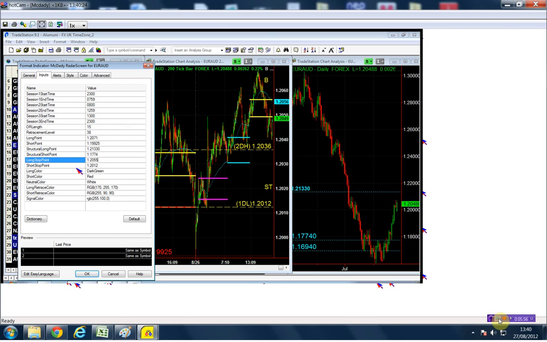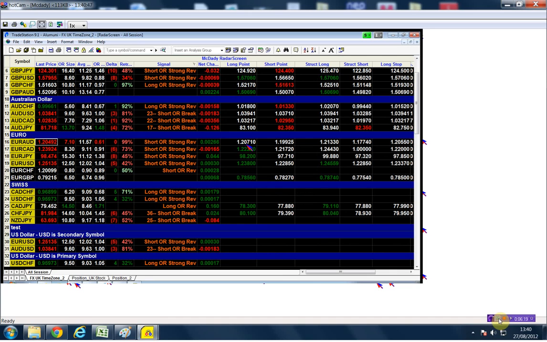On the short side, I'm going to go short below 119.92, which is the intraday structure, and my short structure point is going to be the 117.74, and my stop is going to be the 120.12. All right, that is the Euro Aussie right there. So let me save the recording.